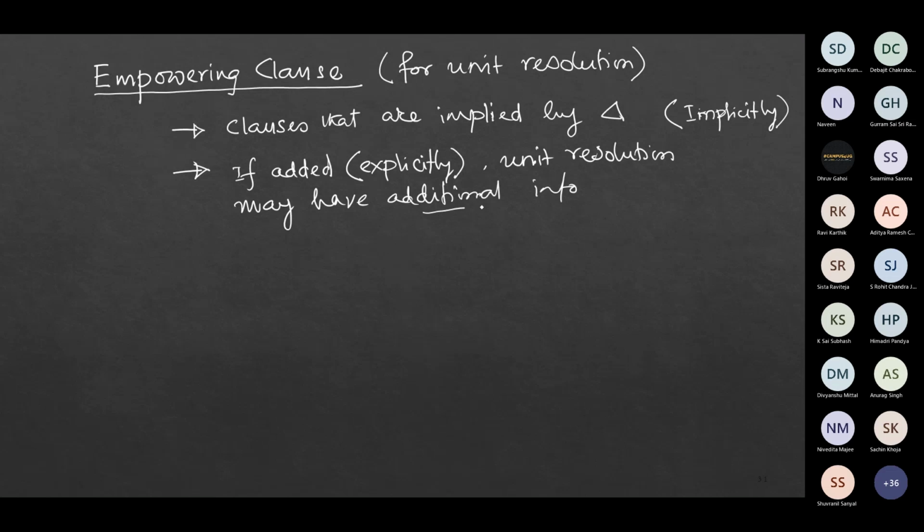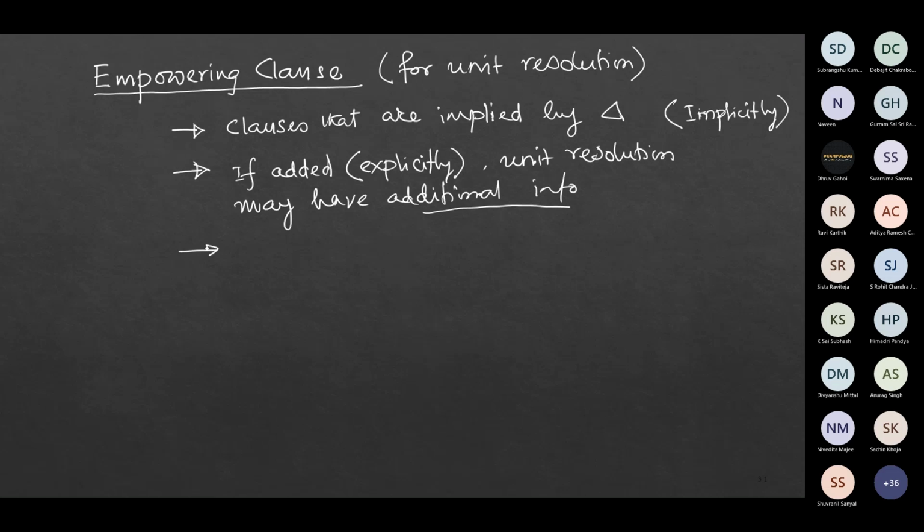And this additional information can be leveraged to find out these conflicting clauses and other things very efficiently. So our ultimate goal is to perform this non-chronological backtracking, but we need to devise certain techniques that will help us to perform it, right?